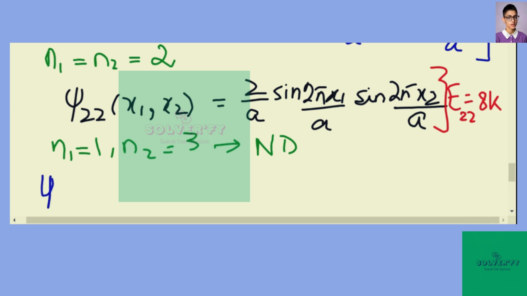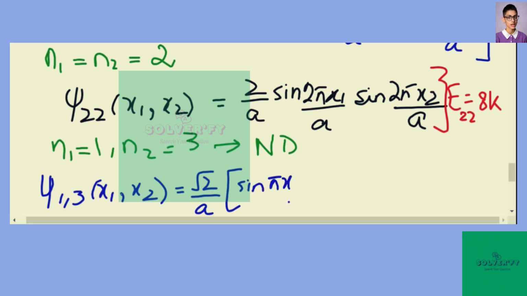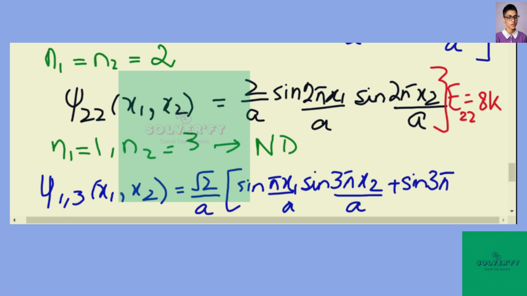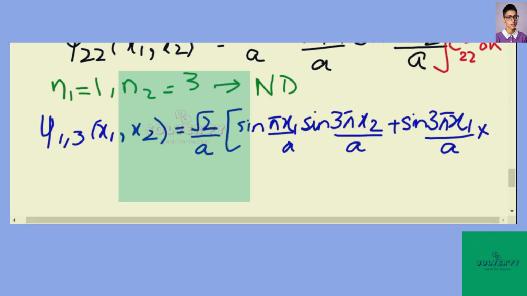So that is wave function 1 3 of x1, x2, equal to root 2 divided by a, square bracket, sine pi x1 divided by a sine 3 pi x2 divided by a plus sine 3 pi x1 divided by a multiplied with sine pi x2 divided by a.